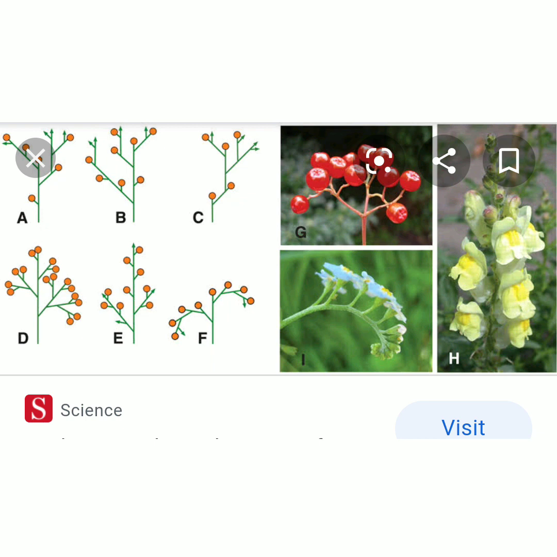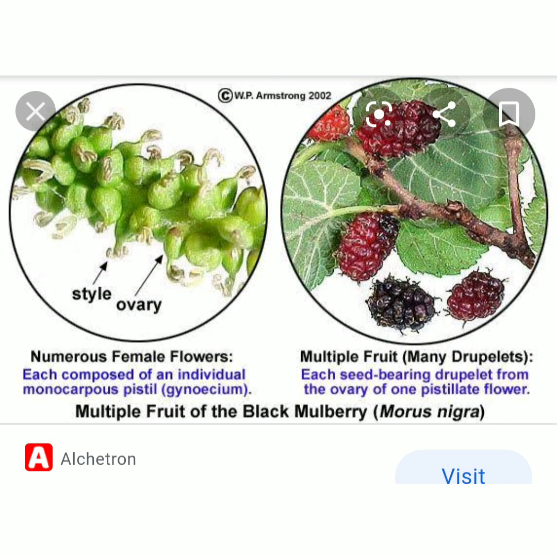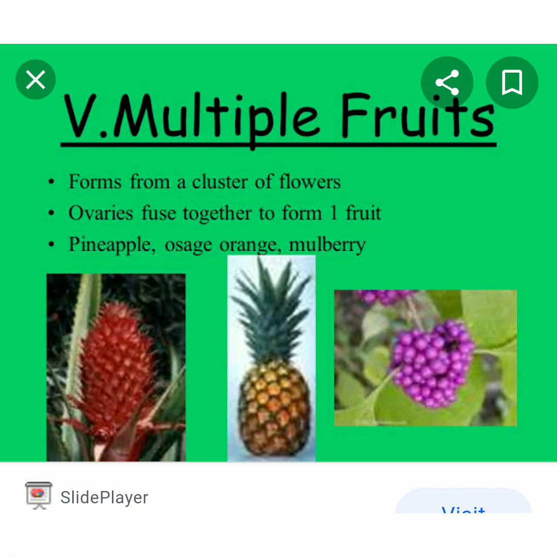Pollination is also made easy. In some plants, this inflorescence as a whole develops into a single fruit. This type of fruit is called a multiple fruit.